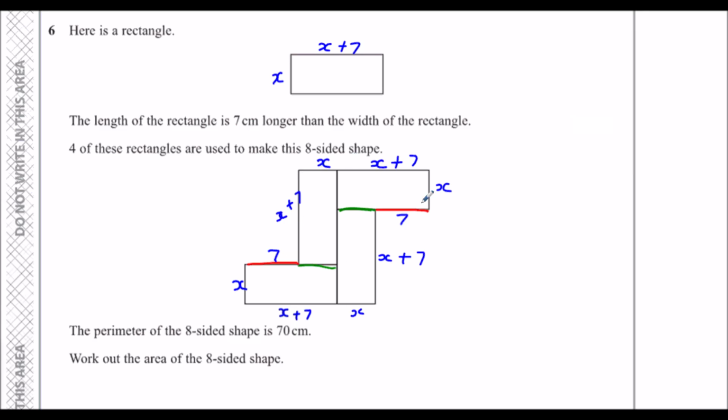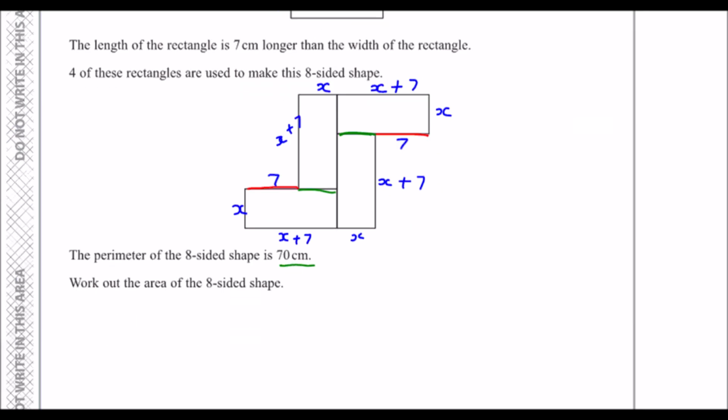So we've got something all around the perimeter. So we need to add up the perimeter and make it equal to 70. So we've got 1, 2, 3, 4, 5, 6, 7, 8 x's. And we have 1, 2, 3, 4, 5, 6 sevens.